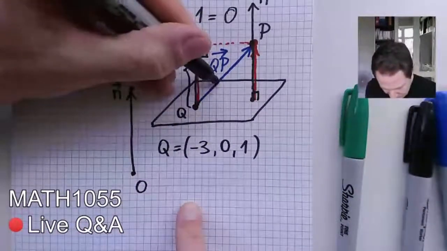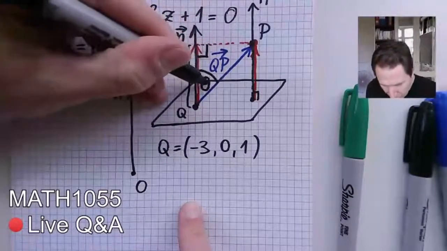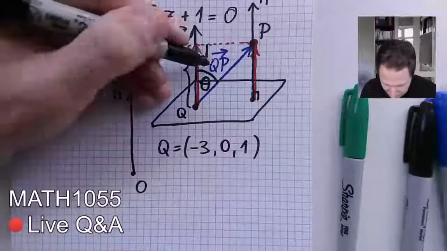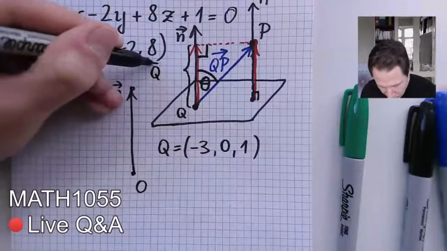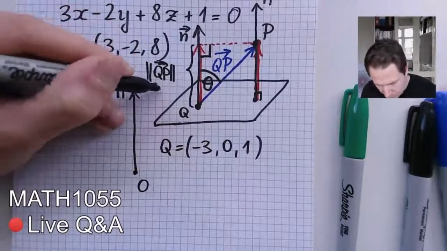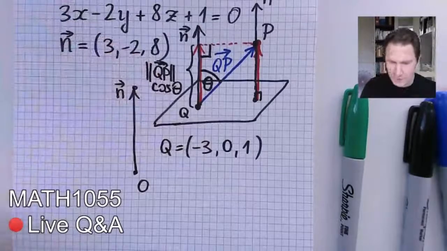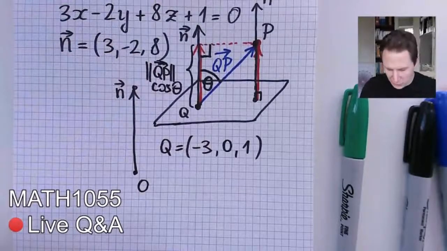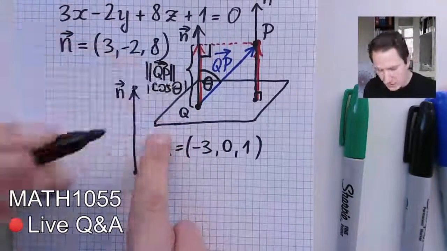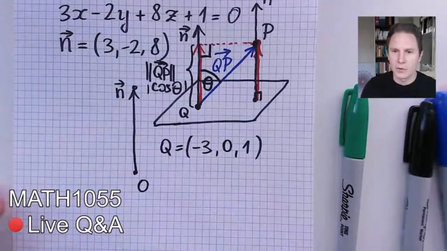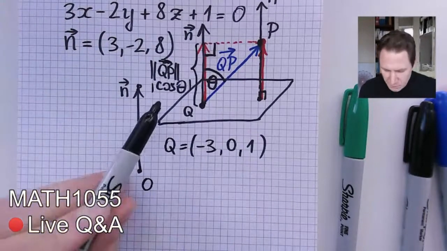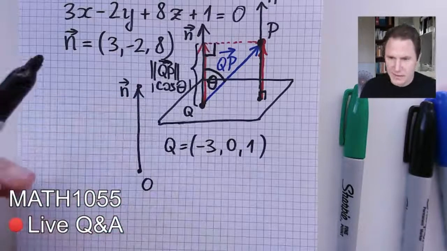Well, if you look at this angle and call it theta, then this component is basically the length of QP multiplied by the cosine of theta. So this length, the distance, is basically this product. Of course, the cosine of theta could be negative, so let's just take the absolute value of it, and this way we make sure that we actually get a non-negative number for the distance.